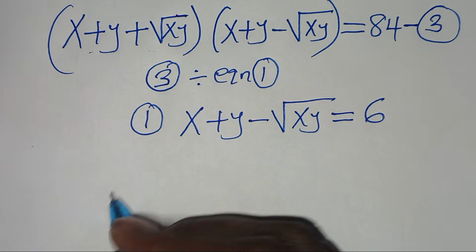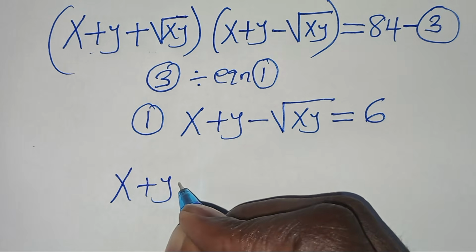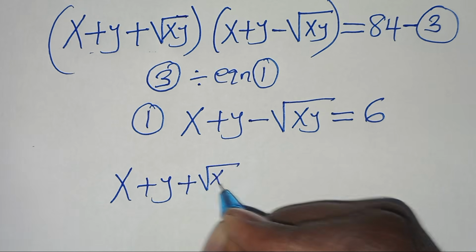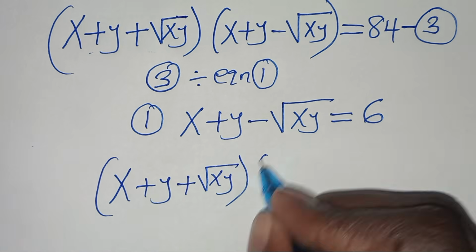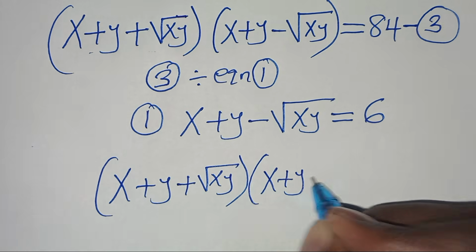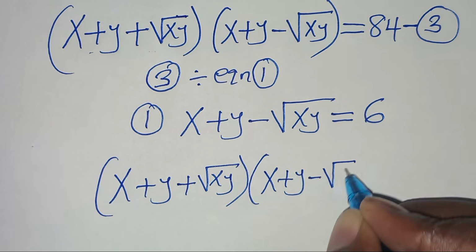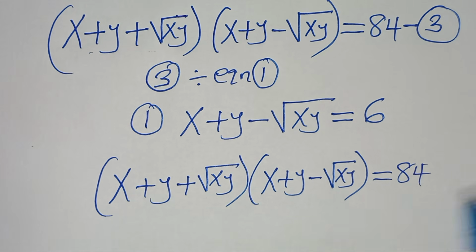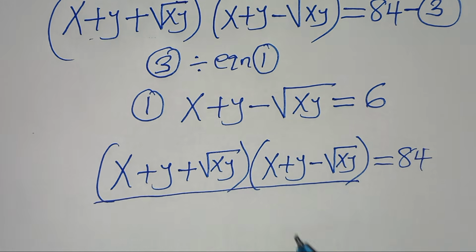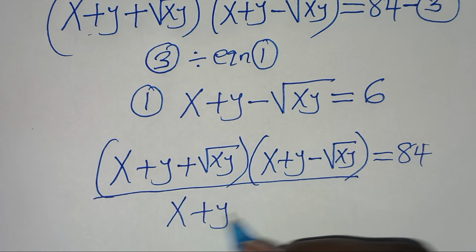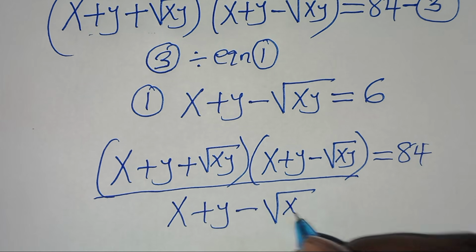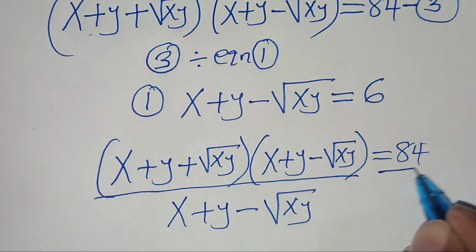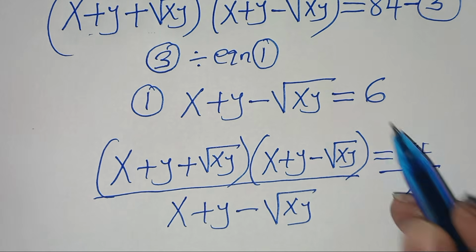So let's divide x plus y plus square root of xy multiplied by x plus y minus the square root of xy, which is equal to 84, by x plus y minus the square root of xy. Now we have 84 divided by 6.